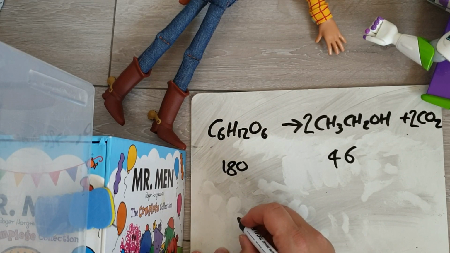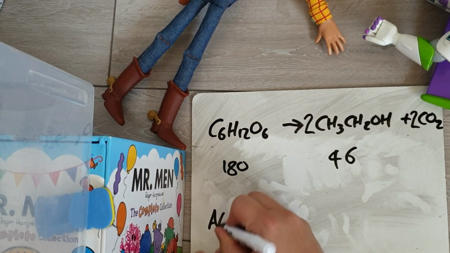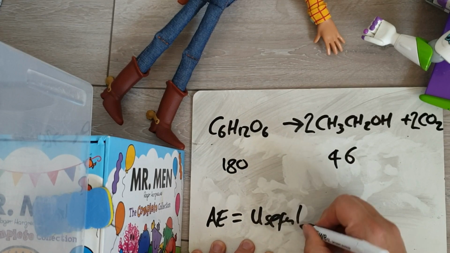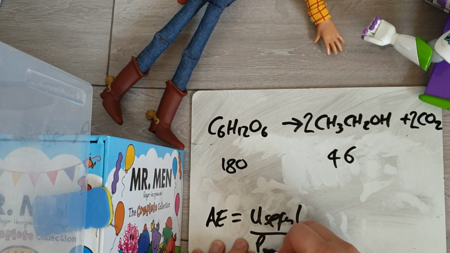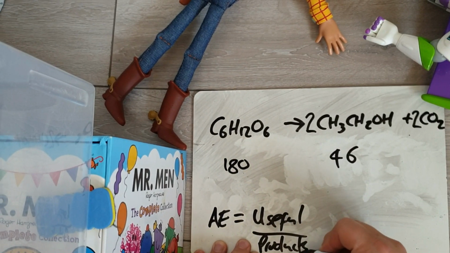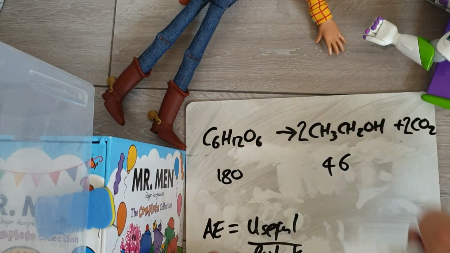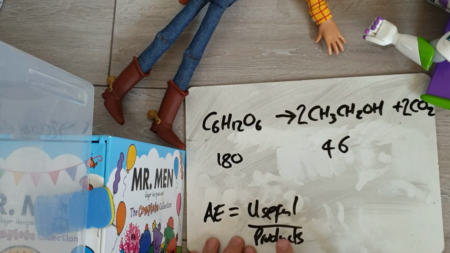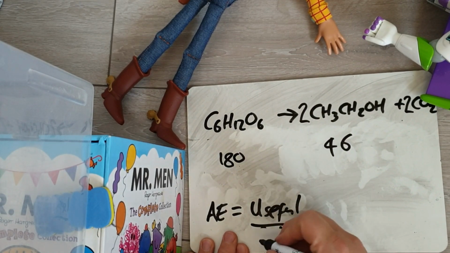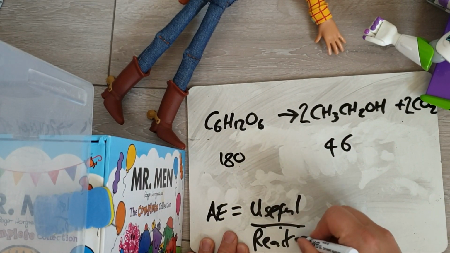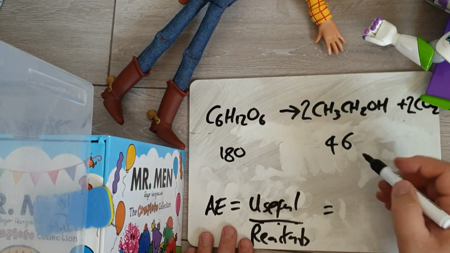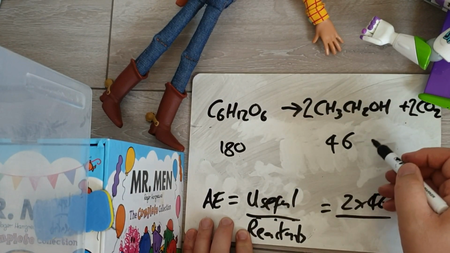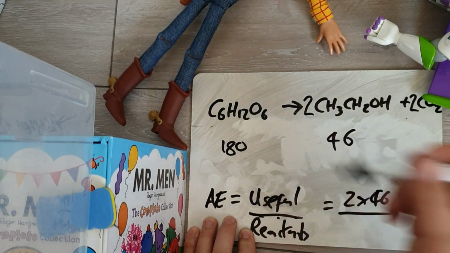So we go back to our atom economy. So atom economy equals the useful stuff we get out divided by the total of all the products, or we can just do the total of the reactants. So the useful bit is 2 lots of 46, and the total we're putting in is 180.